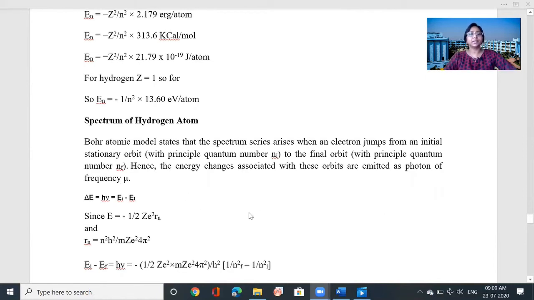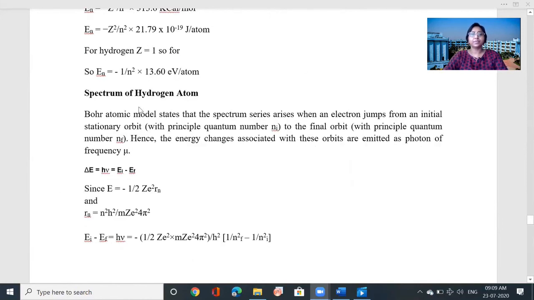Hence, the energy changes associated with these orbits are emitted as a photon of frequency nu. So we can calculate the difference of the energy levels, that is delta E is equal to h nu, which is equal to Ei minus Ef. Ei is the energy level of the initial orbit, Ef is the energy level of the final orbit.